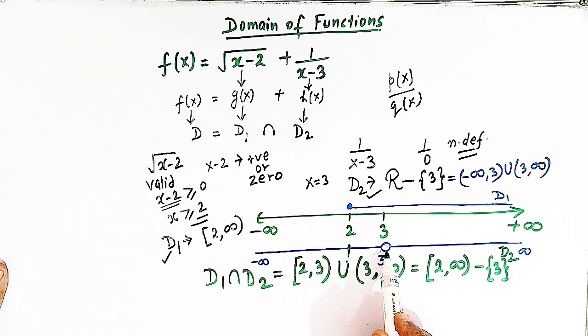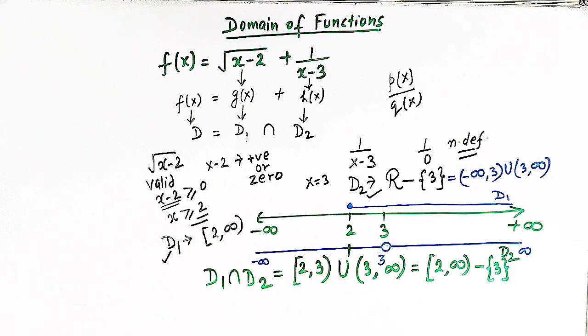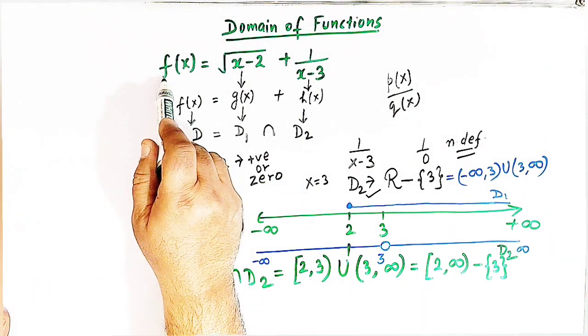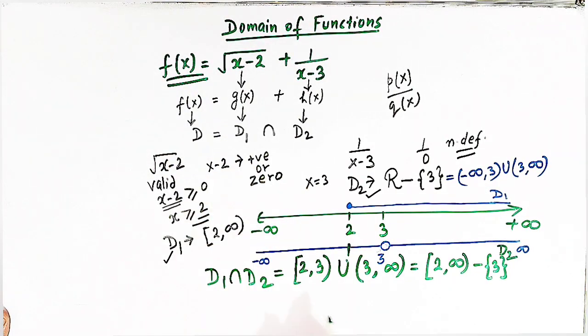Because 3 appears between 2 and infinity. So the domain of this function f of x is given by either this interval or this one.